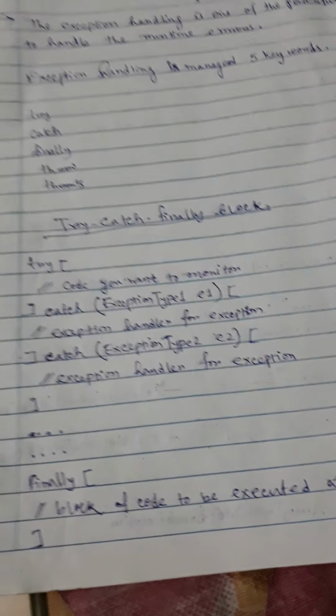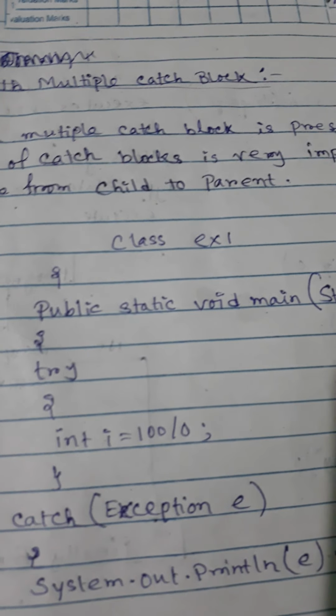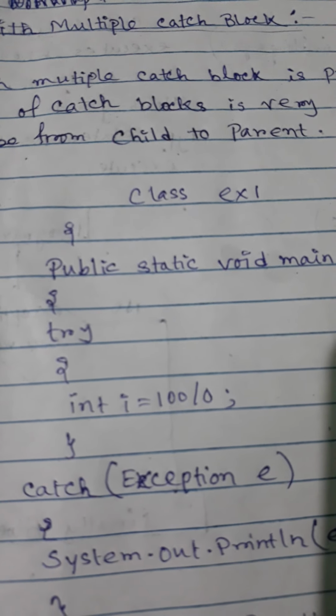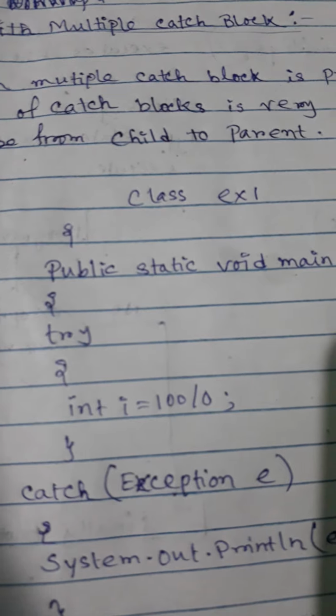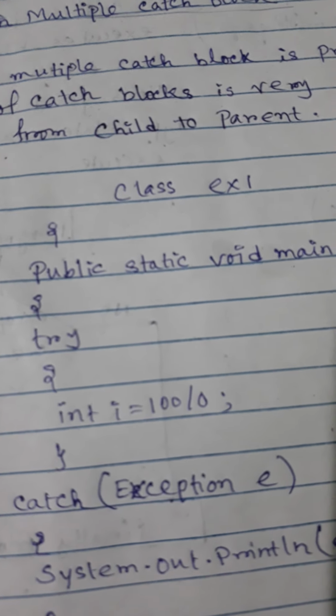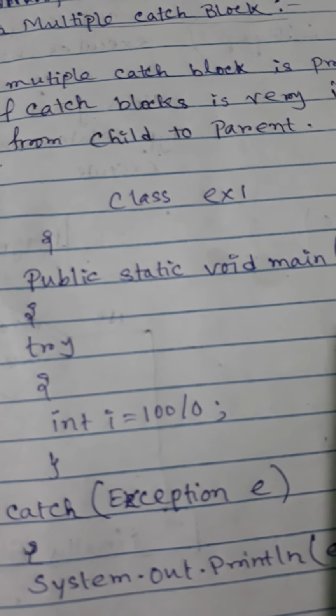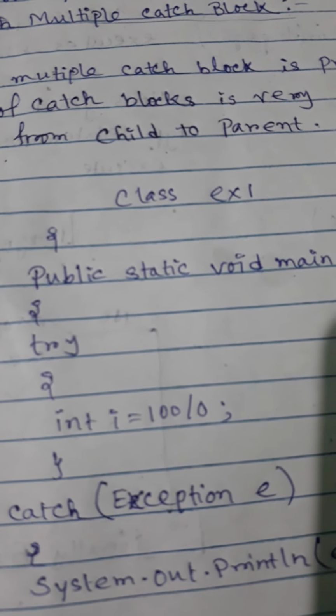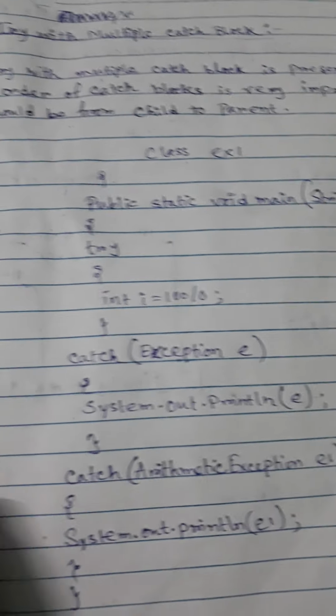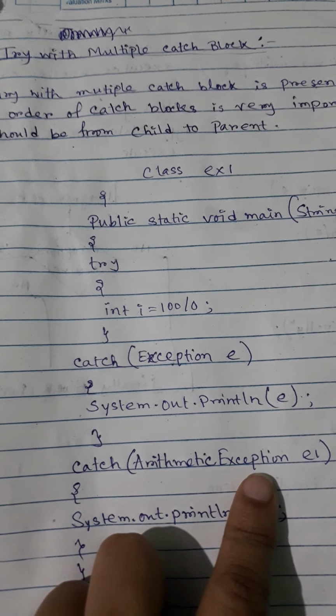Now I want to say that a try with multiple catch blocks can occur. If you want to write a try with multiple catch blocks, the order of the catch blocks must be maintained. Suppose Exception is the superclass and ArithmeticException is the subclass.